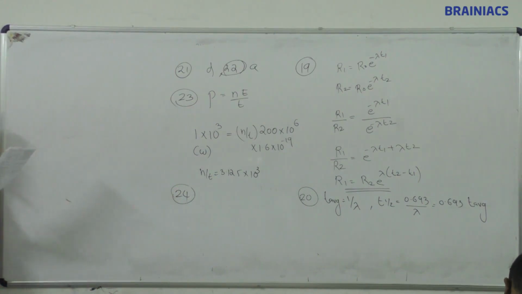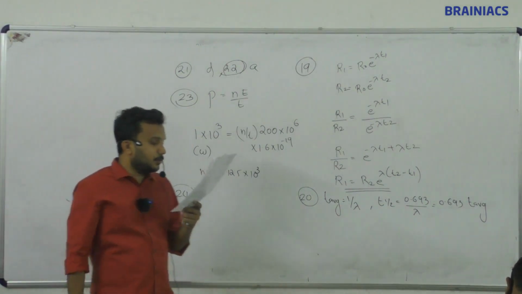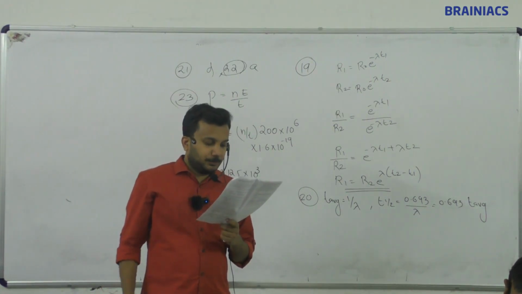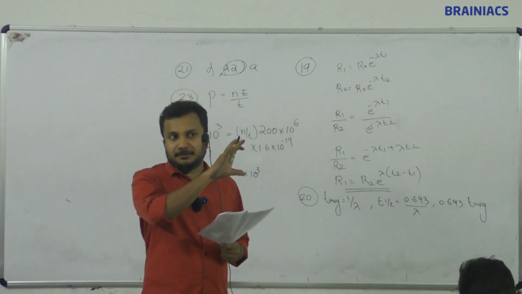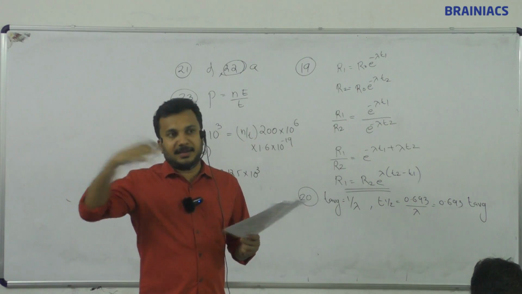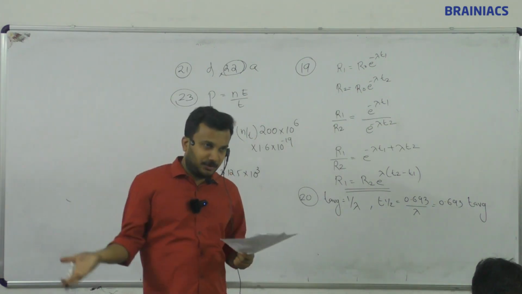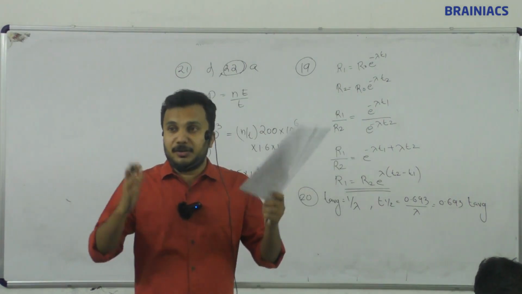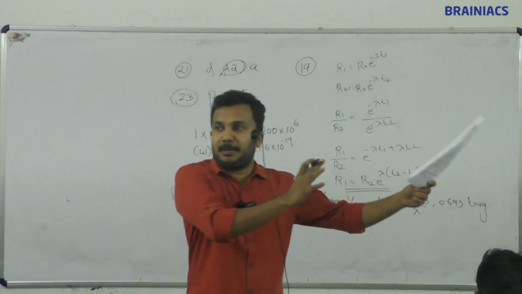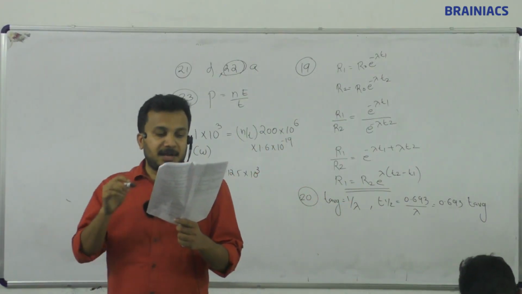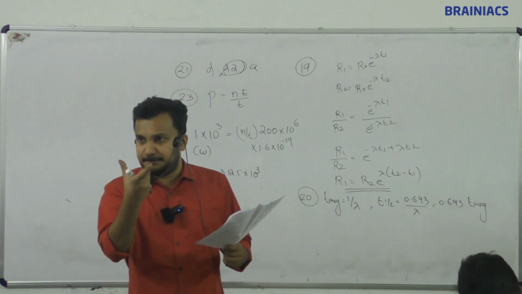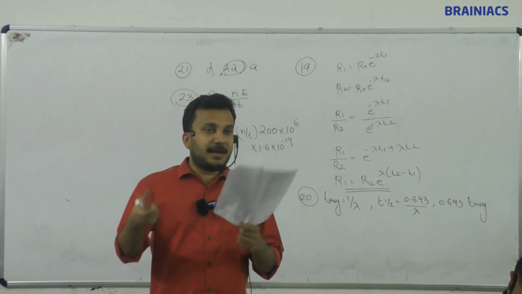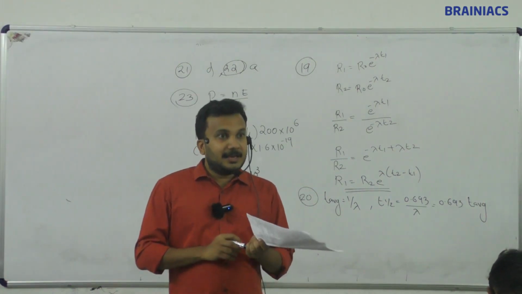In a fission process, the ratio of the mass of the fission product and the mass of the parent nucleus is? In a fission process there will be a parent nucleus, then daughter nuclei. Then we have an antineutrino or neutrino, or neutrons, something like that. So the sum of daughter nuclei plus neutron is equal to the parent nucleus. But here what is given? The mass of the fission product, meaning the daughter nuclei, divided by the mass of the parent nucleus is less than 1.